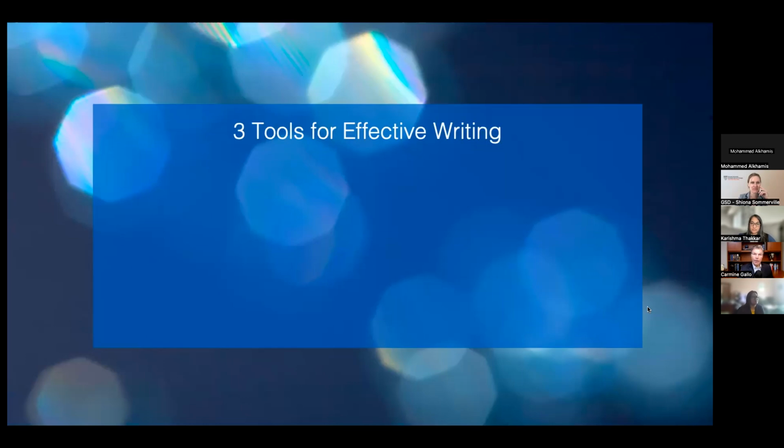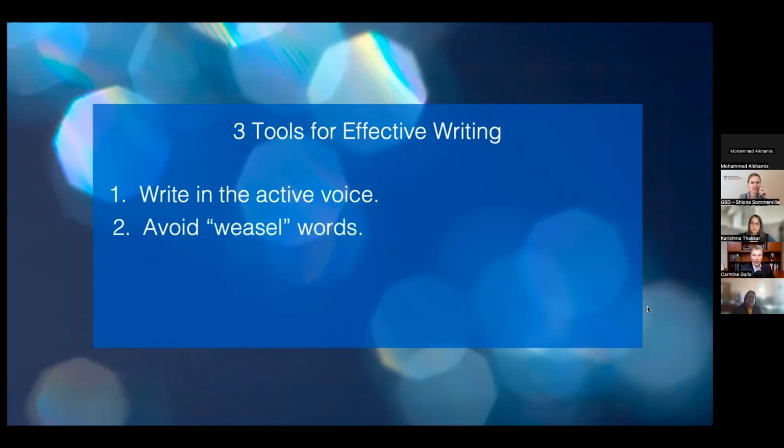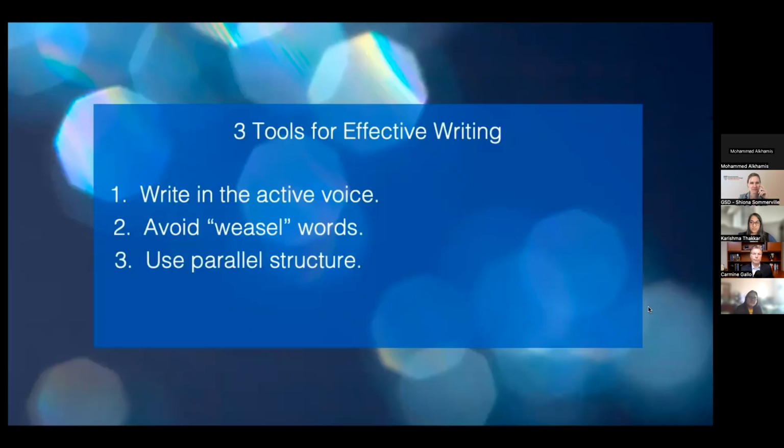And that's why mine are parallel too. So there's three tools for effective writing. Write in the active voice, avoid, use. Write, avoid, use. So again, these are some things to catch yourself as you are beginning the written portion of your presentation. And I would suggest to write it down so that you can go back and edit.